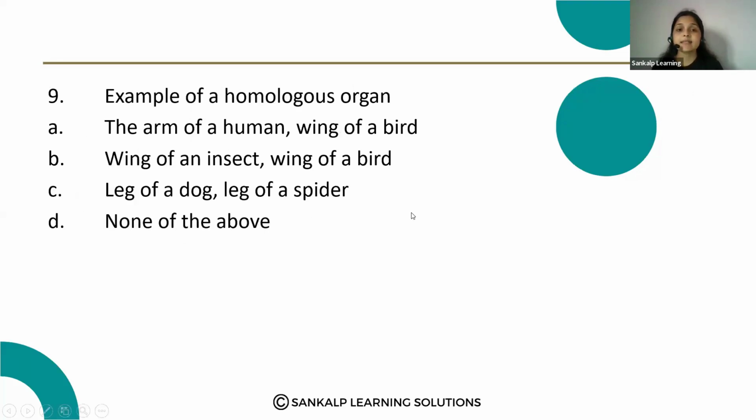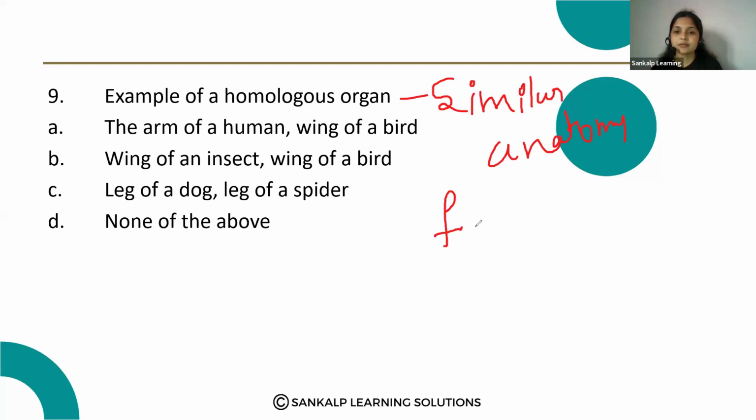Next question. Example of homologous organs. Homologous organs have a similar anatomical structure, but their function is different.